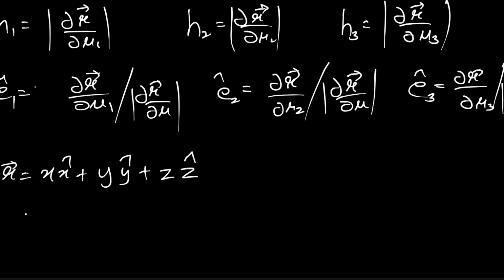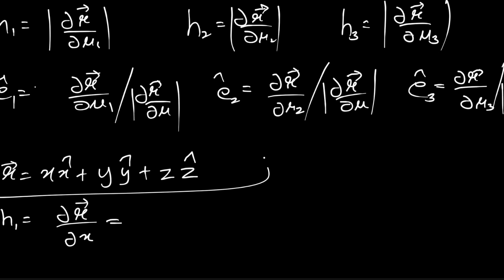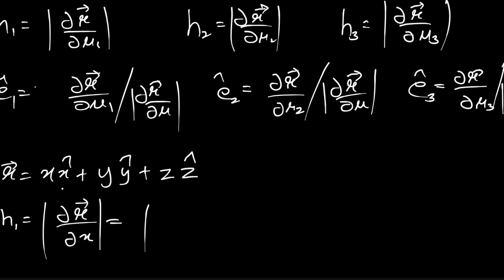And what is h1? h1 is the magnitude of the derivative of the r vector with respect to x. First find the vector: differentiating with x, you get x cap only, the unit vector, and its magnitude comes out to be 1.